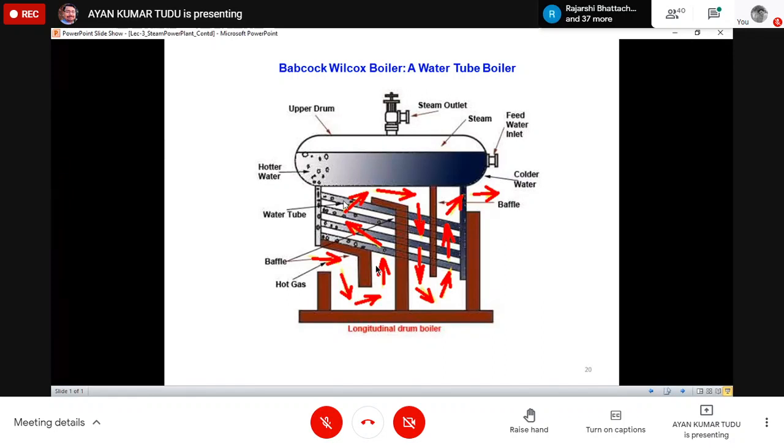Since careful attention is required, the maintenance cost is much higher. Understood these 3 points?